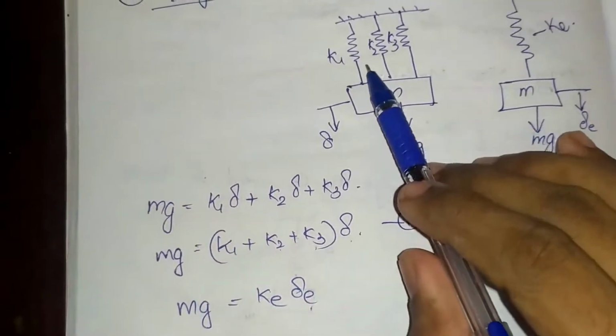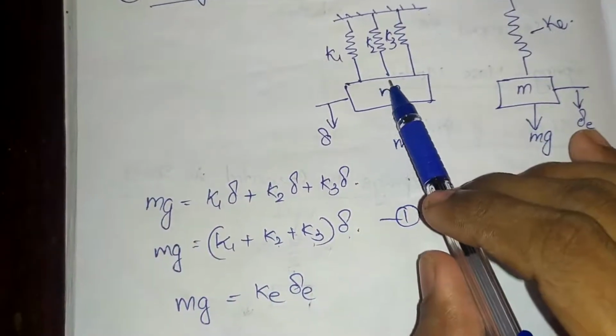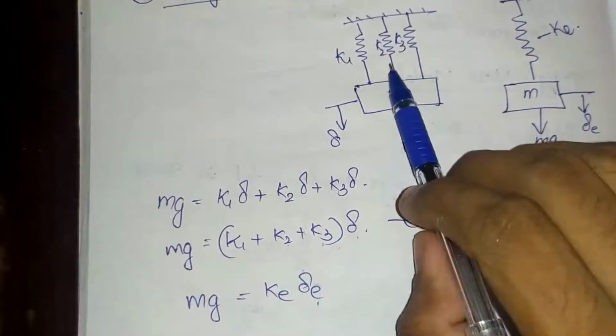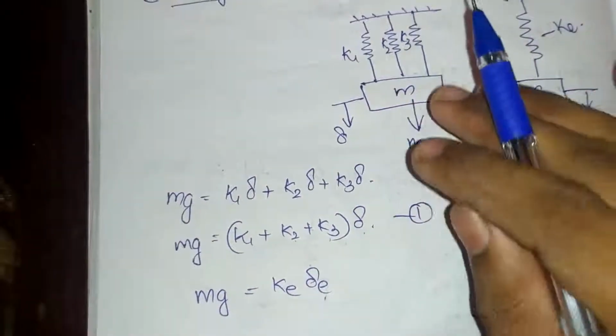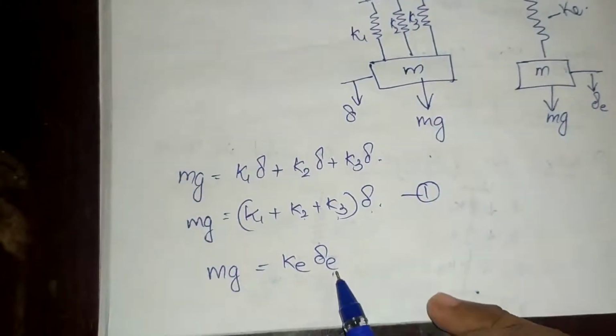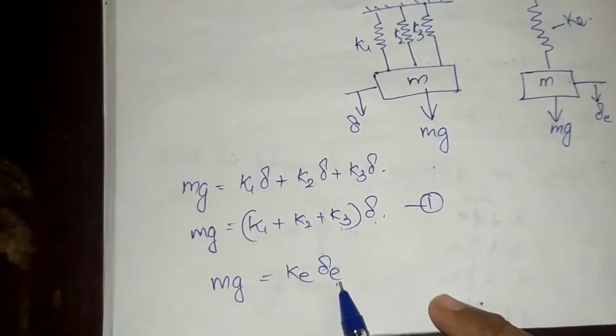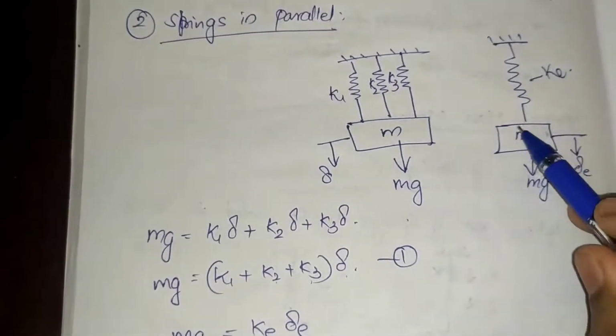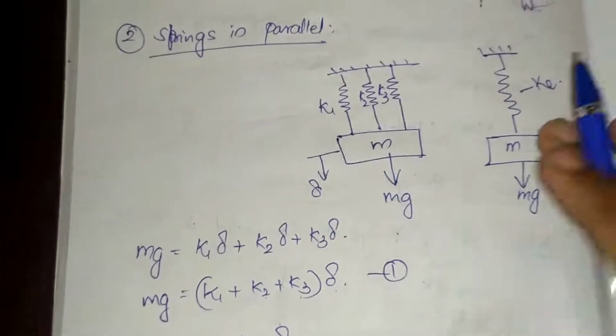Here the delta is common. Why? Because they are all connected to the same point, so they will be elongated in a similar fashion. Here mg is equal to Ke delta E, right?